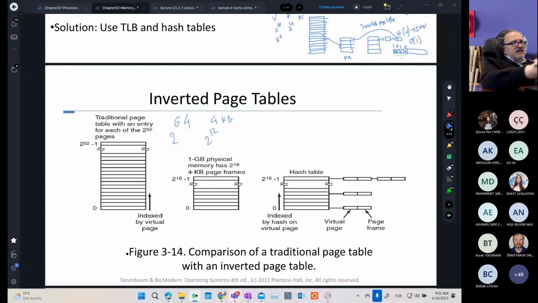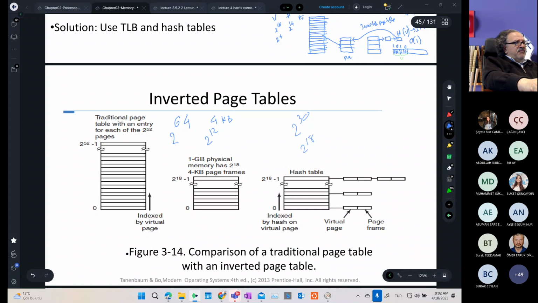Let's use the inverted page table. If my physical memory is 1 gigabyte, that means it is 2 to the 30 bytes, and with the 4 kilobyte page frames, it's going to be 2 to the 18 entries in my inverted page table.